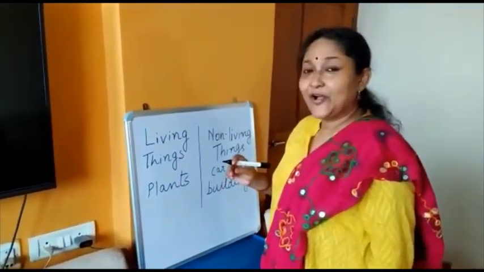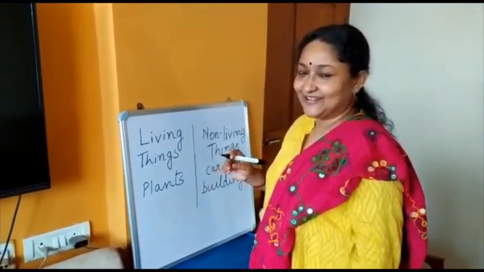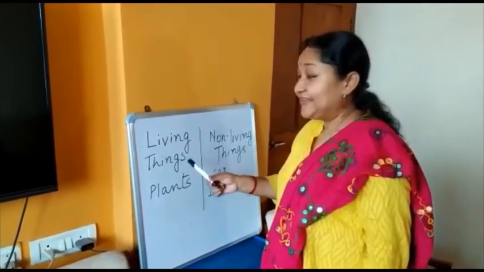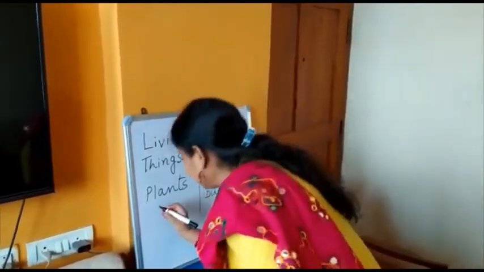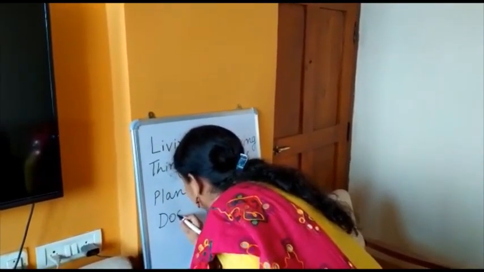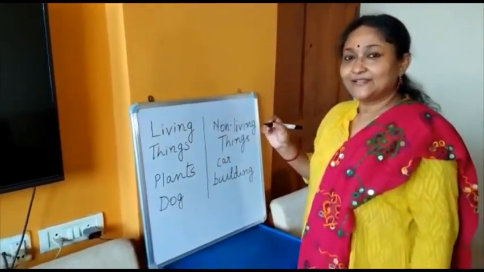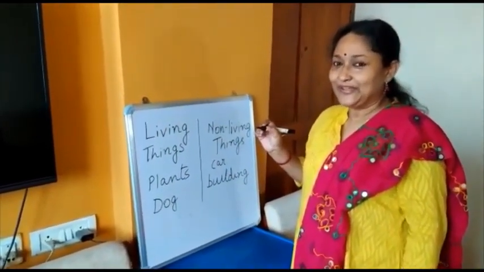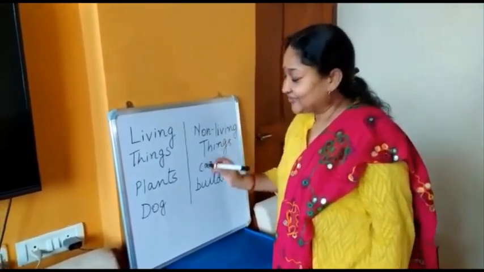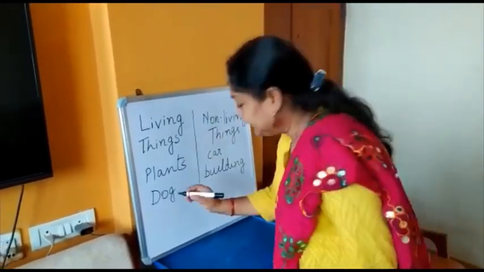What else we saw? We saw a dog standing there. So what is the dog? The dog is living thing. What else? We saw human being. One human being also. Isn't it? So human being also is living thing.